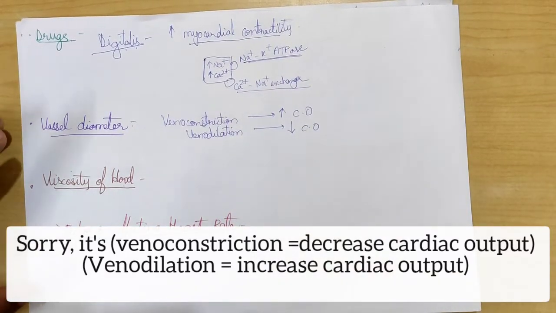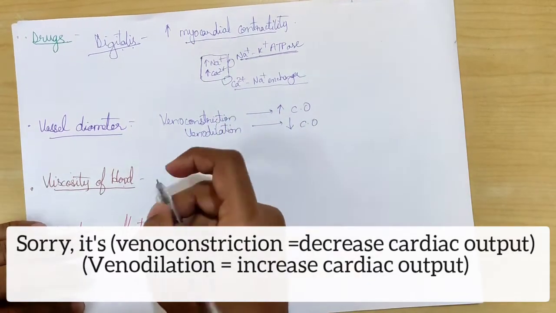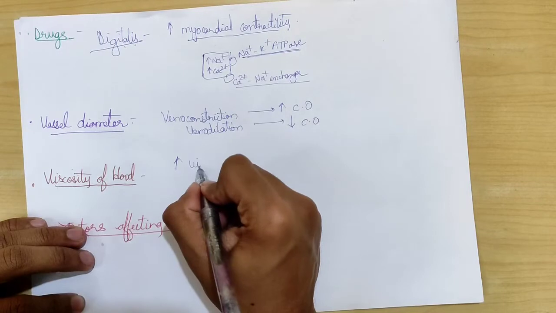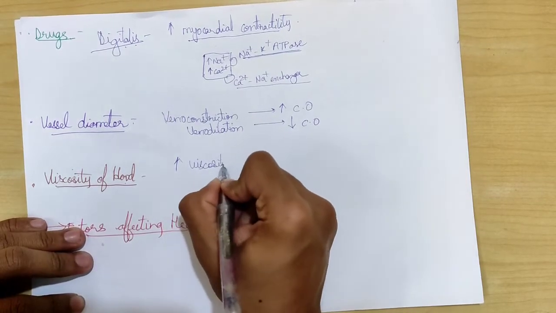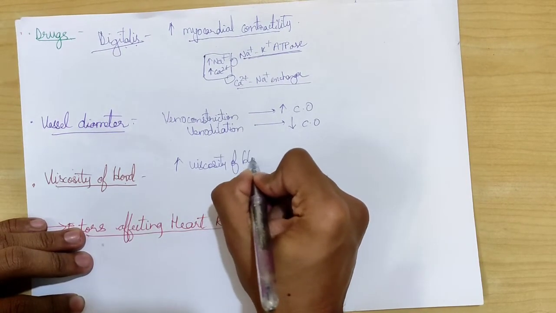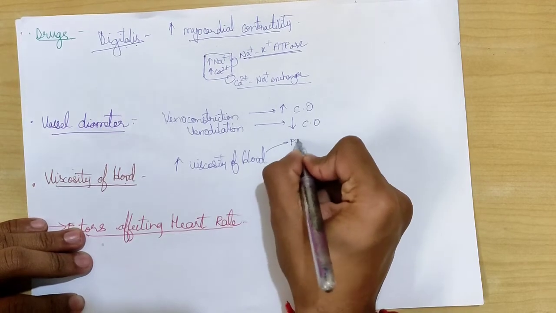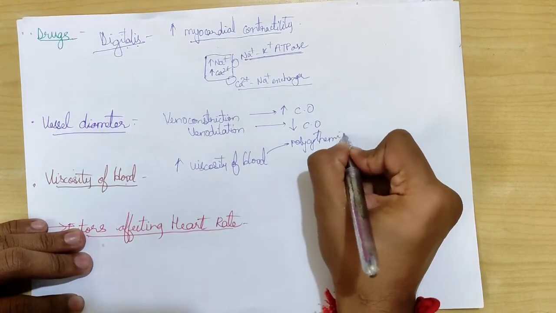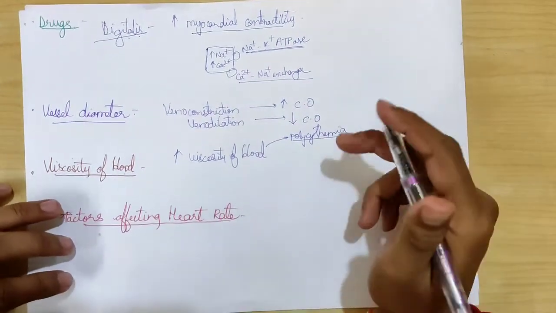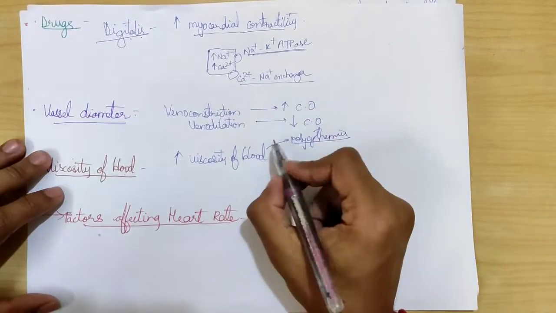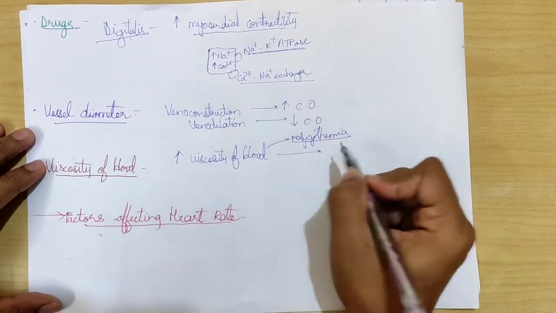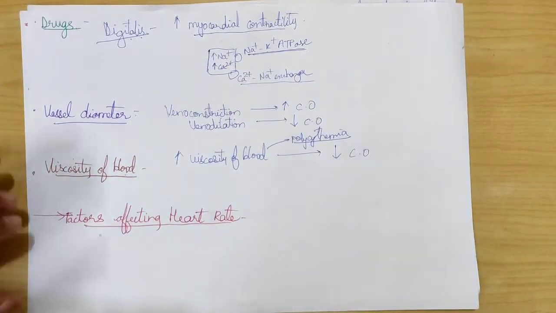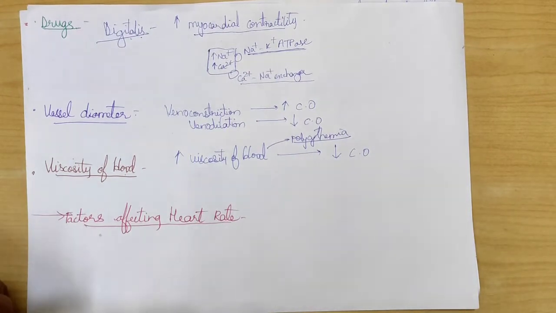Regarding the viscosity of the blood, increased viscosity is seen in cases of polycythemia, which is nothing but an increase in the RBCs in the blood. When there is increased viscosity of the blood, there will be a decrease in the cardiac output due to the resistance in the blood vessels.